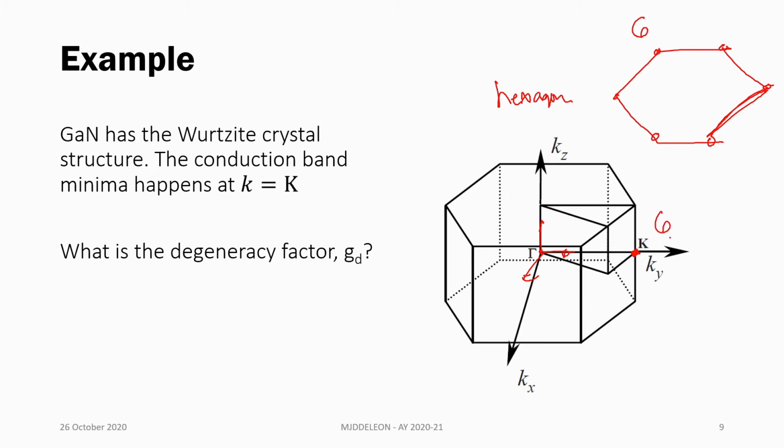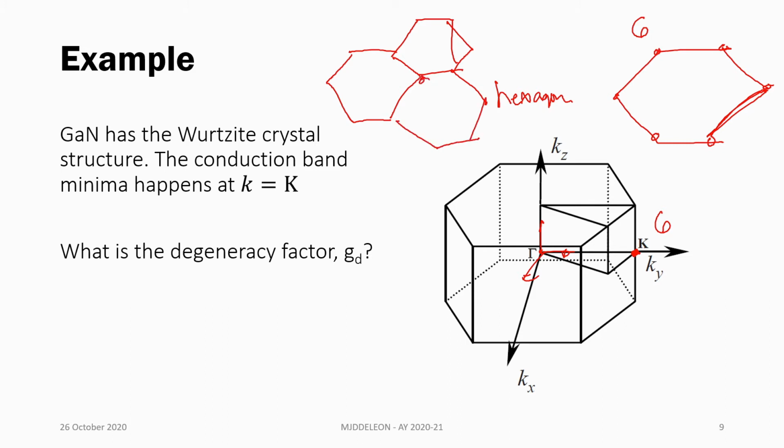So, 6 yan. 6. But, each of these corners will be shared by how many first Brillouin zones though? So, each of these edges or each of these corners, tignan natin. So, kung hexagonal yan, meron ka pang isa dito, and isa dito.